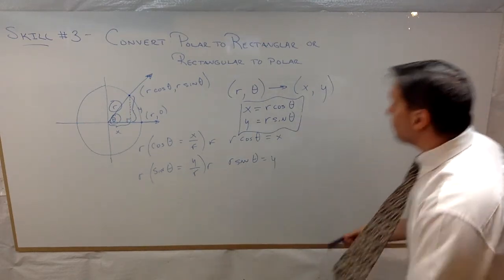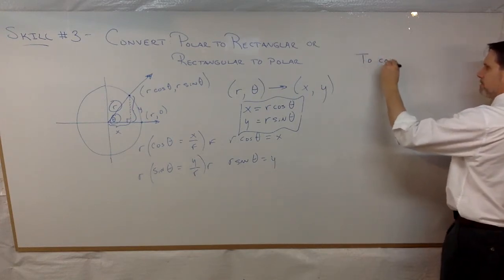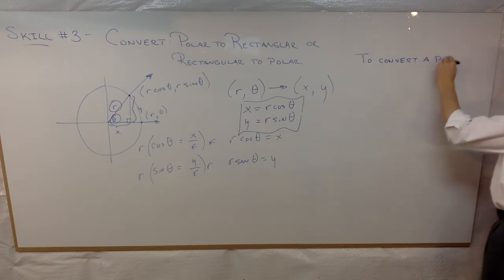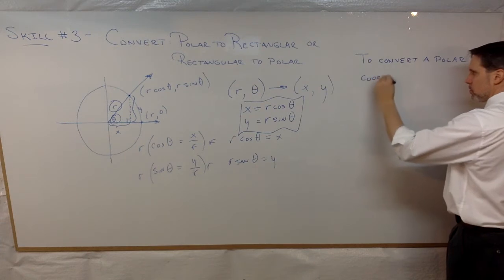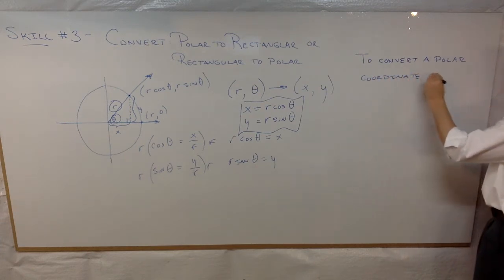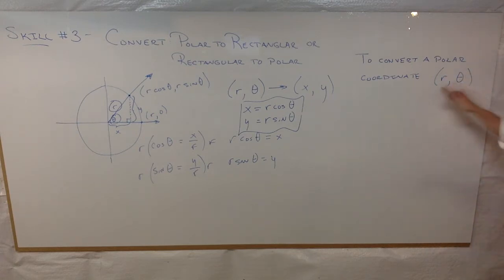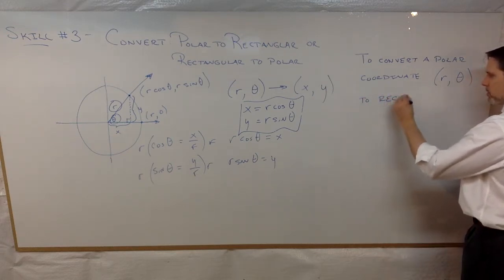Let's put it over here. We'll say, to convert a polar coordinate, that is, your r and your theta, so you're given -3, 135, to rectangular coordinates.